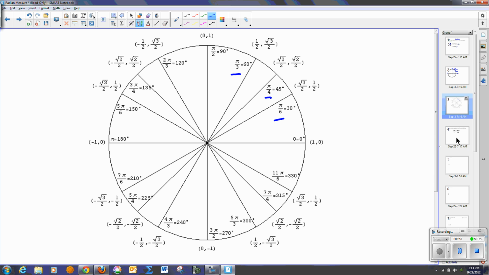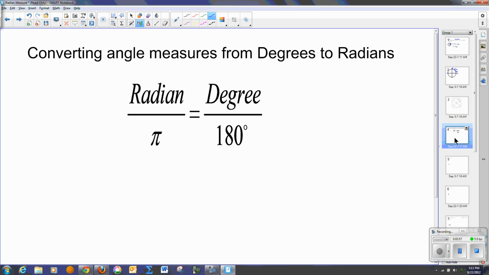Now we're going to use this information to answer a couple of questions. First of all, for non-30, 60, 45, 90 degree angles, we're going to use a conversion ratio to change from degrees to radians and radians to degrees. And that ratio is the radian measure over pi is equal to the degree measure over 180 degrees.